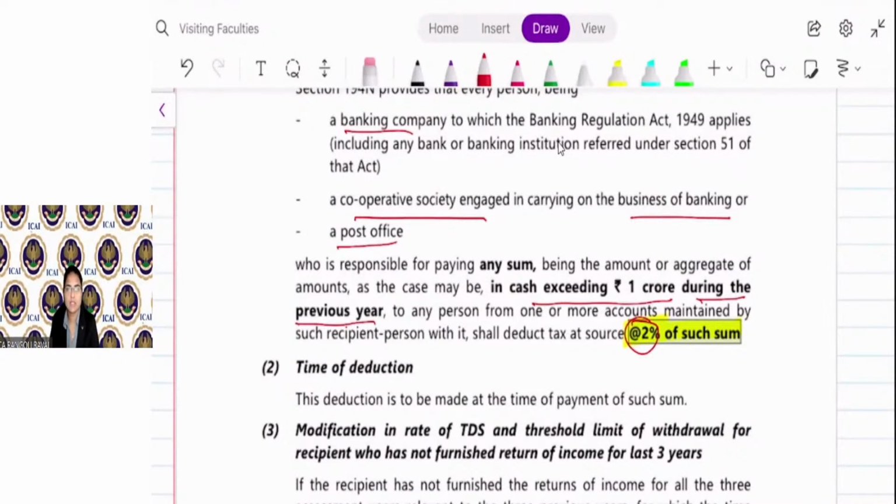Say for example, in State Bank of India, if you are having two accounts, then in aggregate, if you are withdrawing 1 crore from both accounts in aggregate, then the bank is required to deduct TDS on such withdrawal at the rate of 2%.